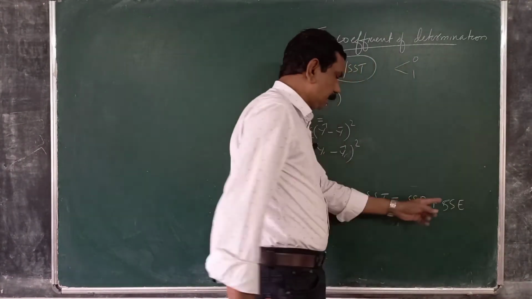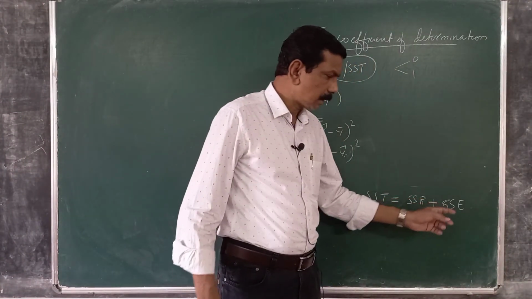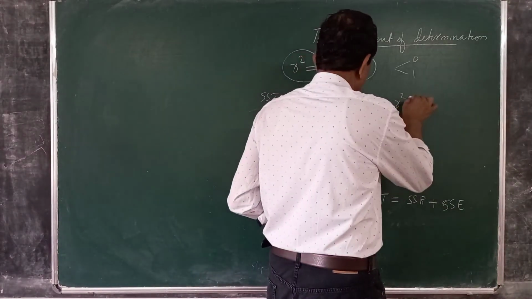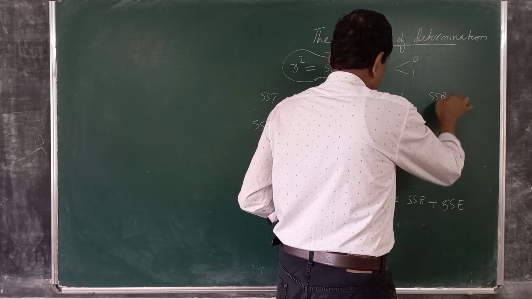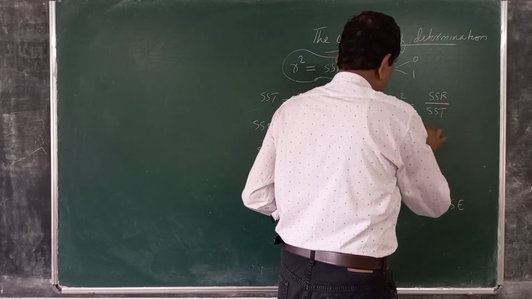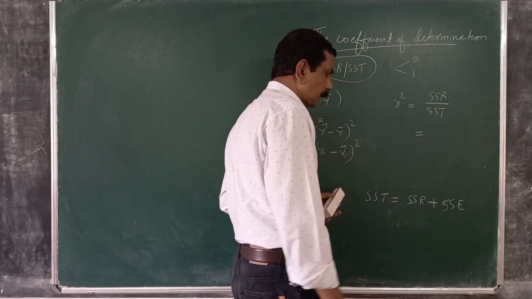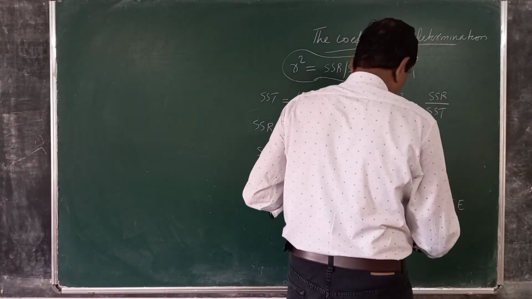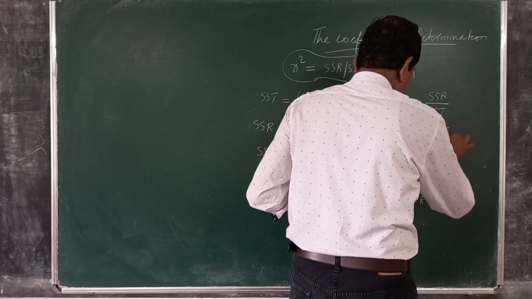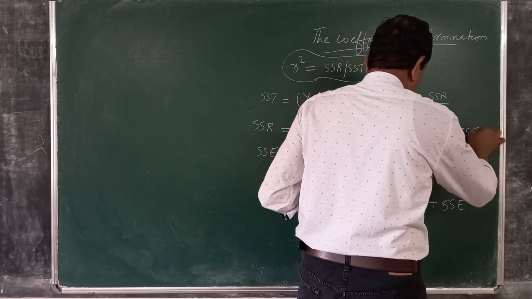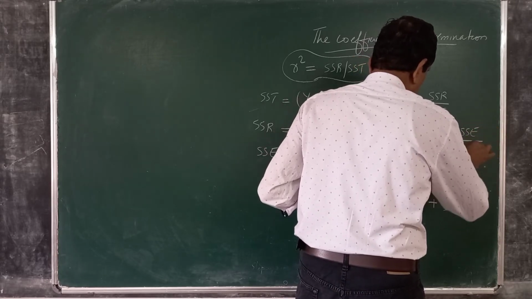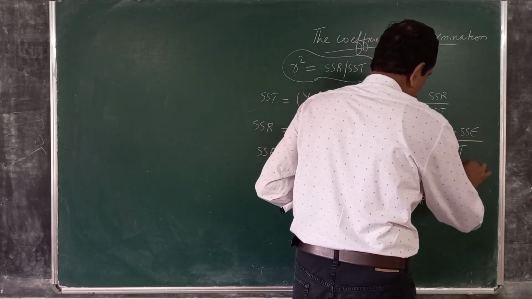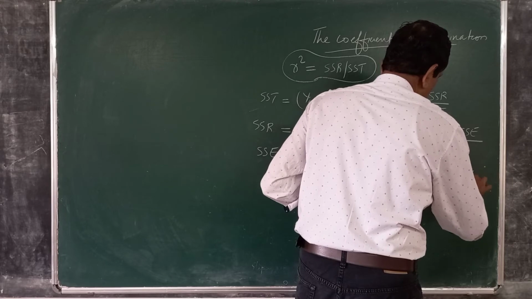Using this identity, SST is equal to SSR plus SSE, we can write R square, SSR by SST, also as SST minus SSE by SST, which is 1 minus SSE by SST.